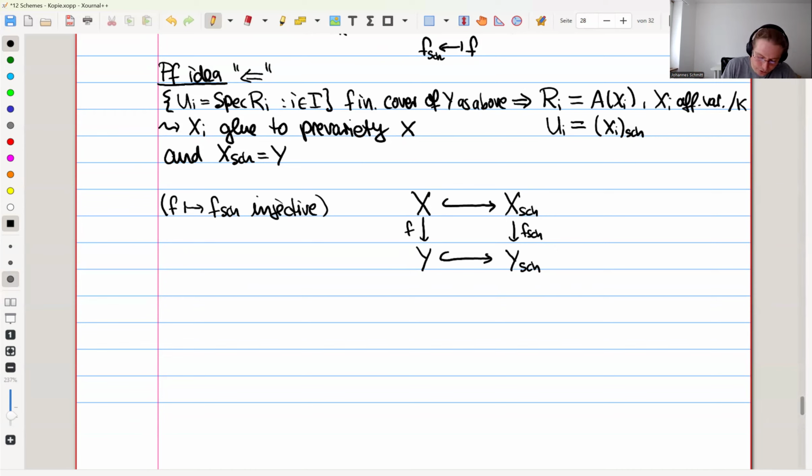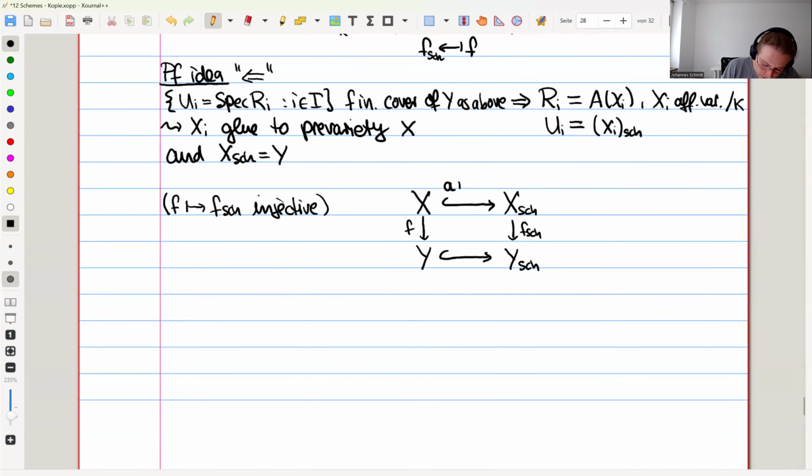And these injective maps just take a point a inside X, and then we need to come up with a point of X scheme. The points of X scheme were irreducible closed subsets. Well, given this point, you just take the subset given by this. And this is a well-defined map. And you check that this is a commutative diagram. So in other words, this F scheme really sends this subset here to the subset f of a.